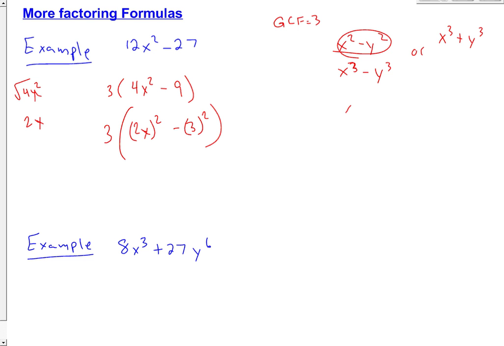So again, x squared minus y squared is the same thing as having x plus y and x minus y. So whatever is squared goes in here for x and y. The first term is x, the second term is y. So I get my 2x plus my y, which is 3, and 2x minus 3.